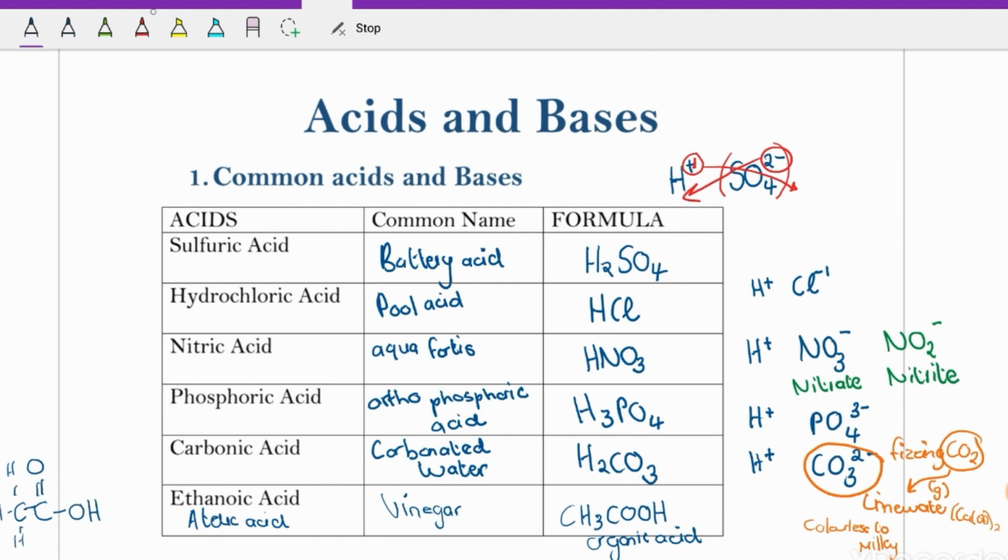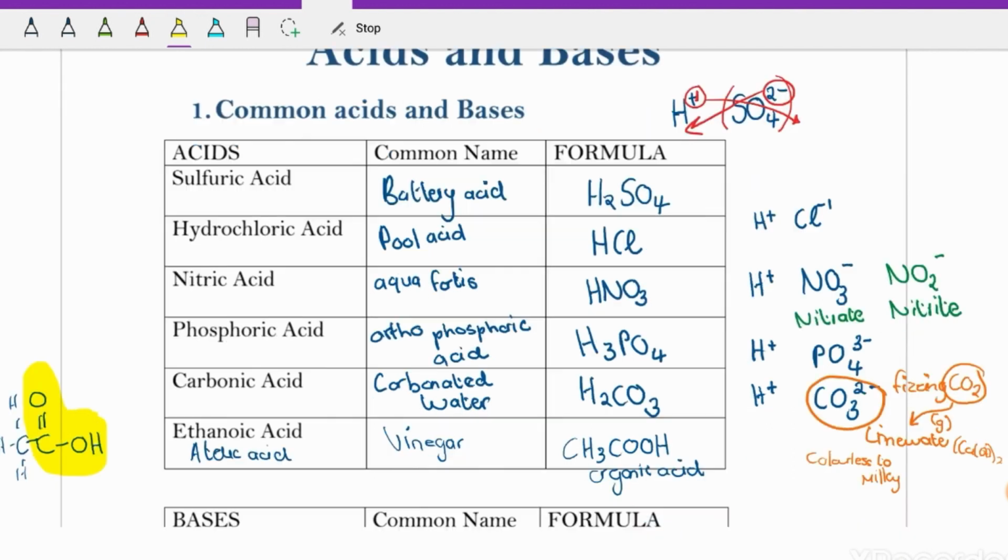So this entire thing here is a carboxylic acid functional group, and that is what makes this acidic. So that's the common acids that we will look at.